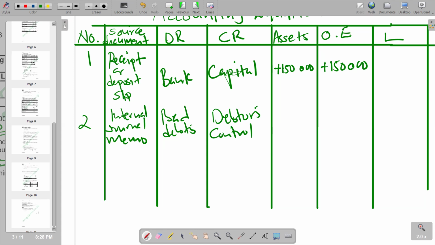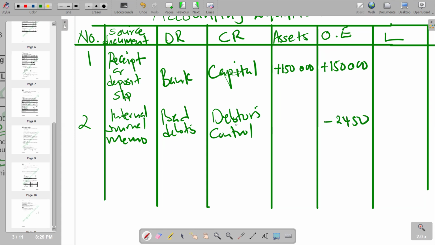And net profit figure is going to increase the owner's equity. It's part of the calculation of the closing owner's equity balance. So when bad debts is increasing, the net profit is going to decrease, and so the owner's equity balance. So it's going to be a negative for owner's equity, which is a negative 2,450.